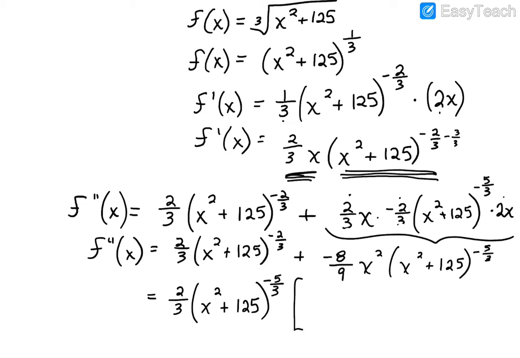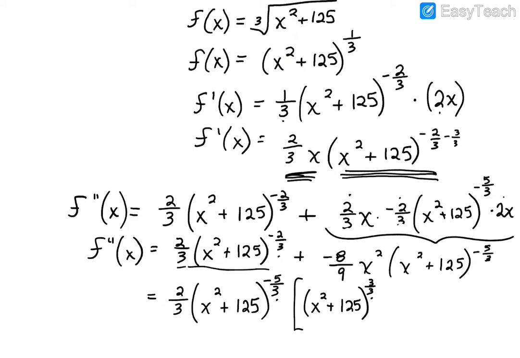When I ask myself, what am I going to have to multiply to end up with this first set of terms, I would need an x squared plus 125 to the 3/3. Okay, I'll write it like that just for now so you can see that negative 5/3 plus 3/3 would give you the negative 2/3.